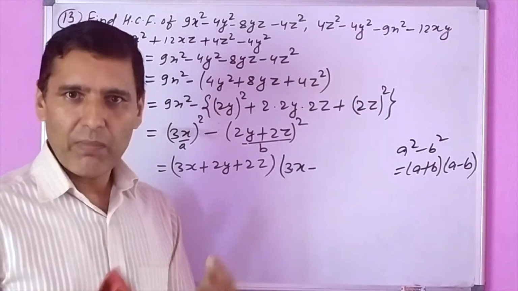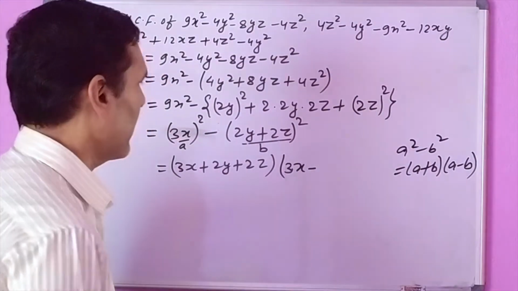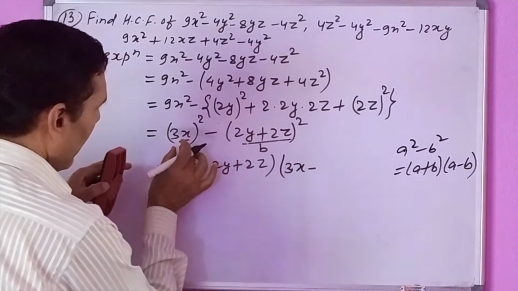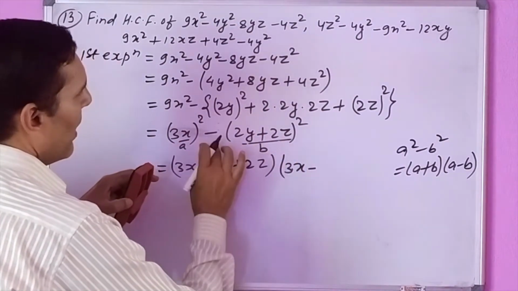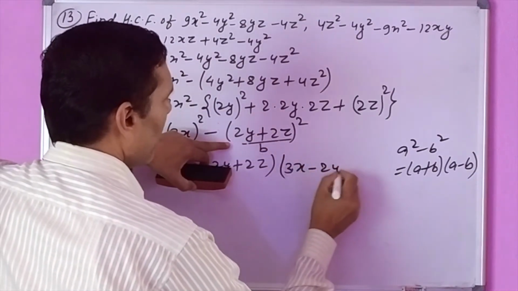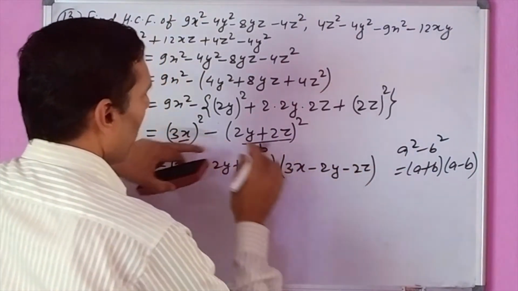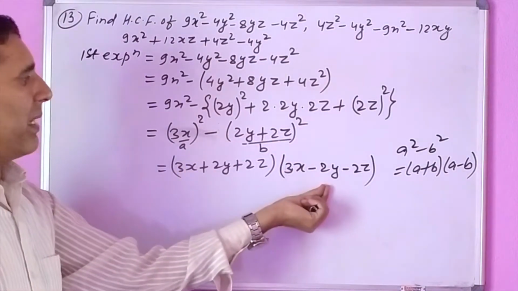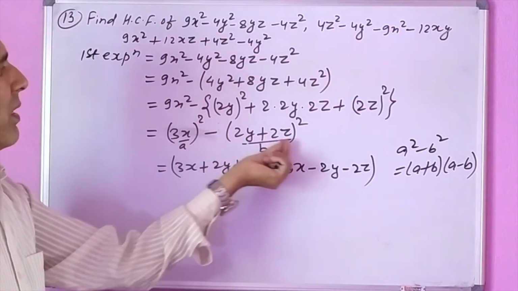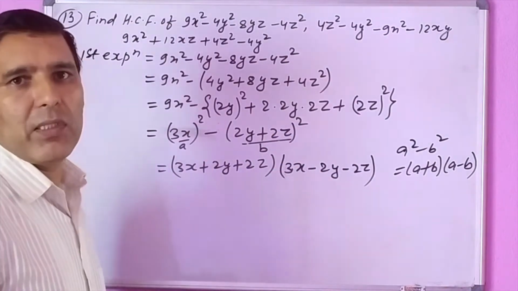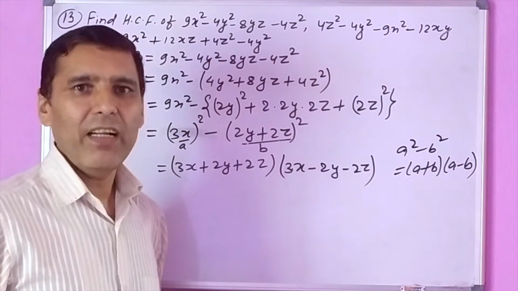Plus becomes minus, minus becomes plus. So here we are opening this bracket with minus, so it is minus 2y minus 2z. The plus 2y becomes minus 2y, and the plus 2z becomes minus 2z. In this way, we can use the formula a square minus b square at a time.